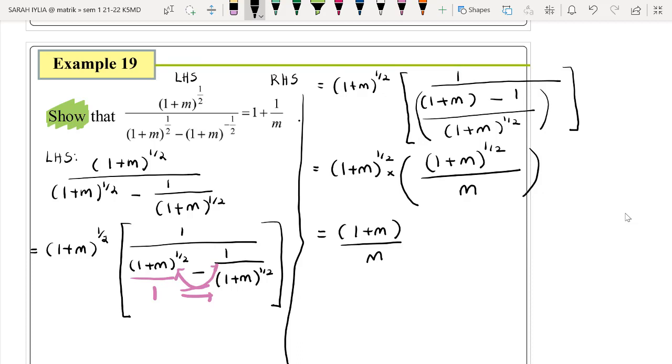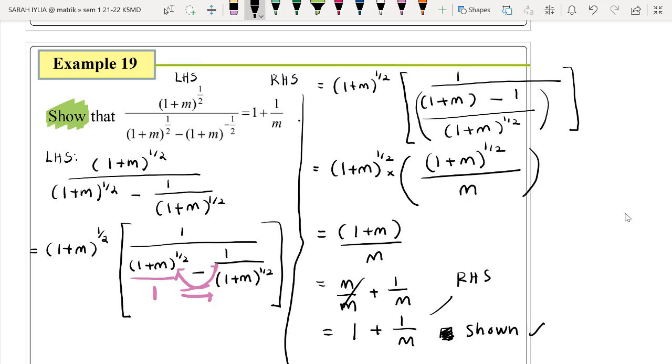Oh, dia pecah kepada 2 term. So, awak pun pecahlah single fraction into 2 separate terms. m over m is basically 1. So, final answer here will be 1 plus 1 over m. And itulah right hand side kita, target kita. Maksudnya, kita dah berjaya show soalan ni.